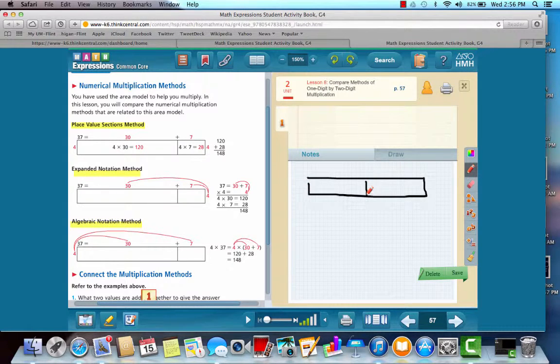the place value. So if we have 4 times 30, 4 times 30 is 120, and 4 times 7 is 28.